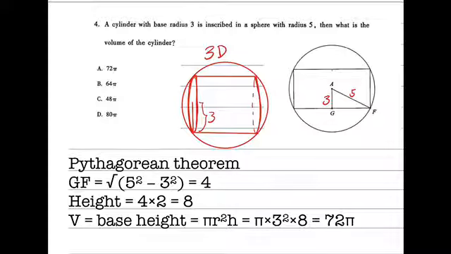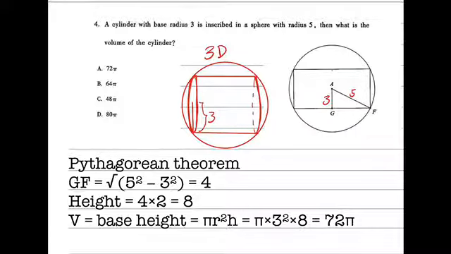So if we see the little triangle here, the other side will be 4, because 3, 4, 5 is a typical ratio for right triangles. But notice, it's only half of the height of the rectangle and the cylinder if we see the three-dimensional diagram.